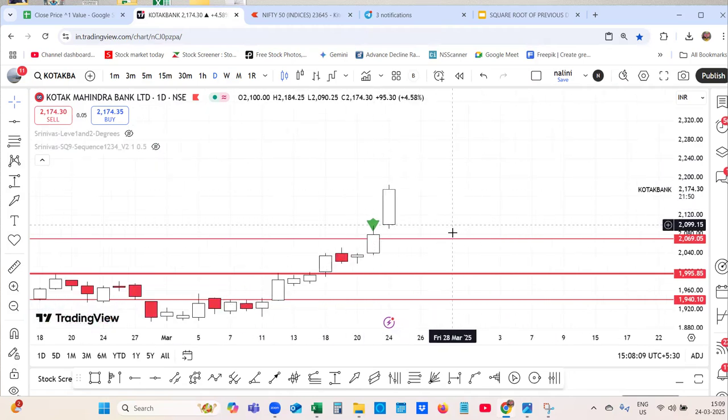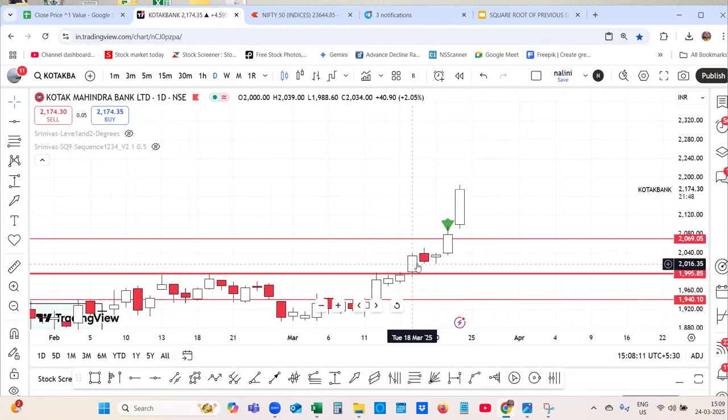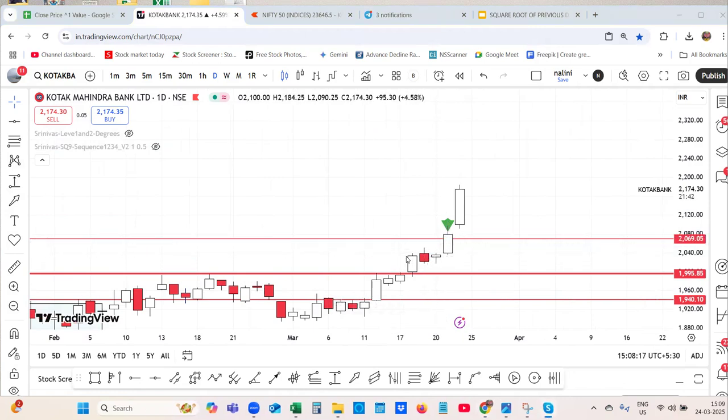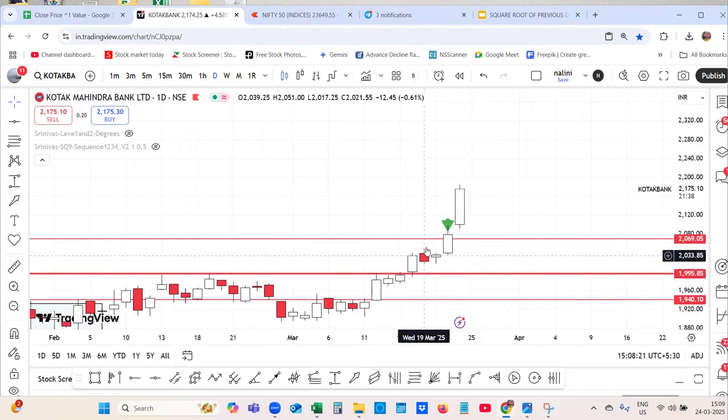Here you can see the price has moved above the 5 days high. Since it has moved above the 5 days high, that is a confirmation.